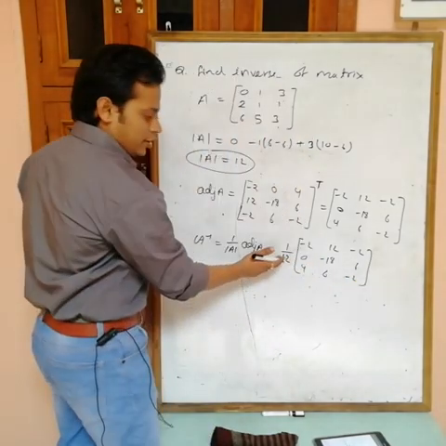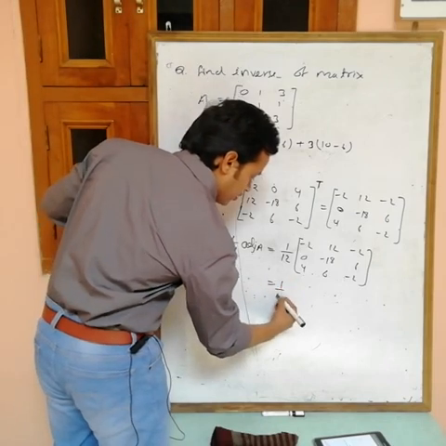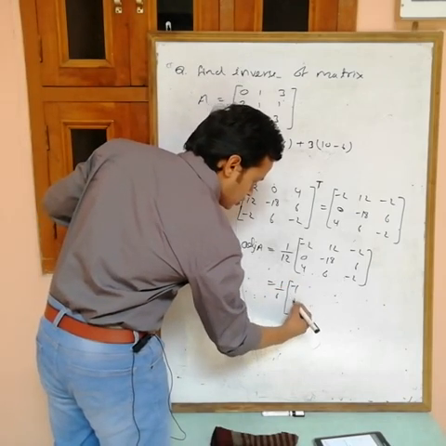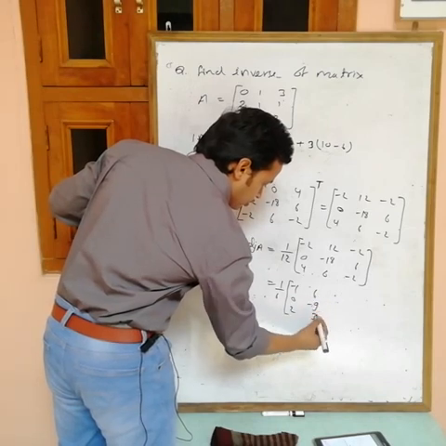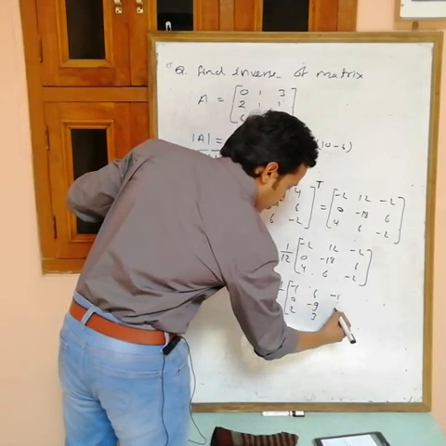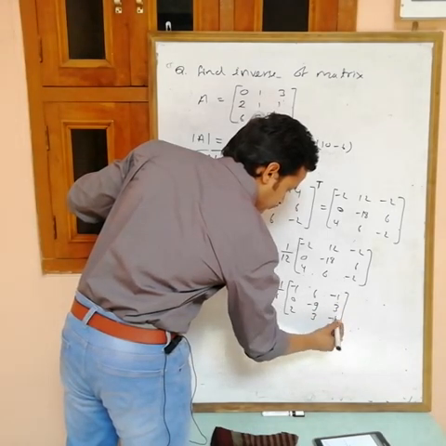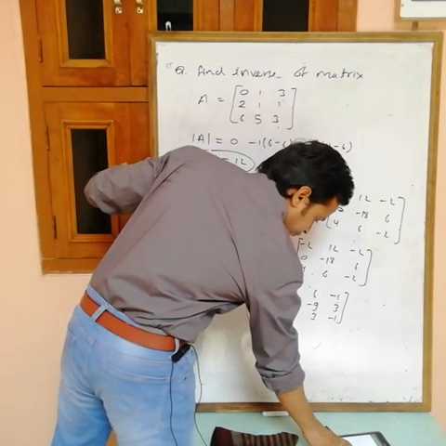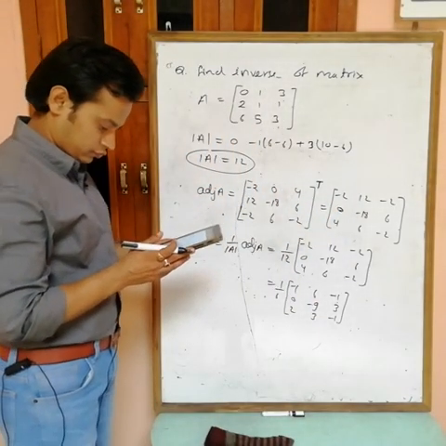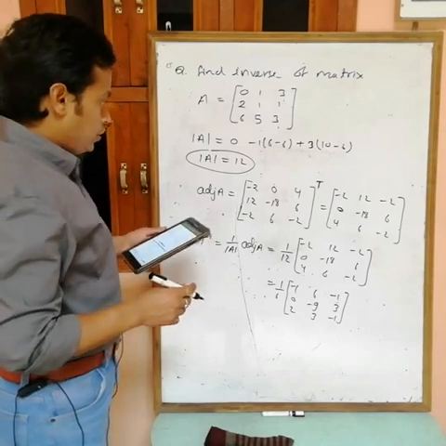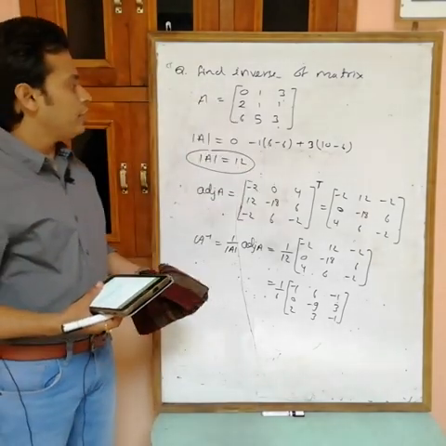I can take 2 common from this matrix, then we are getting 1 by 6, minus 1, 0, 2, 6, minus 9, 3, and minus 1, 3, minus 1. So we can easily find the inverse of any matrix.